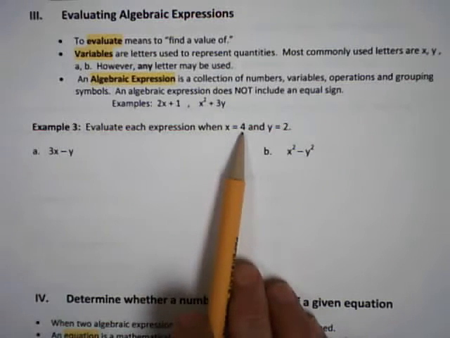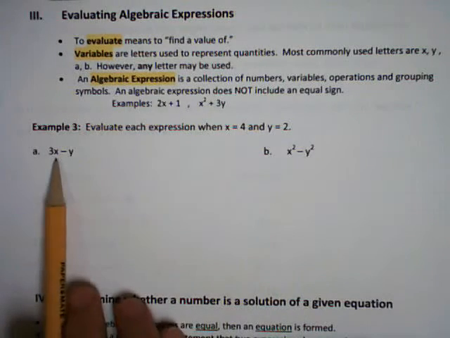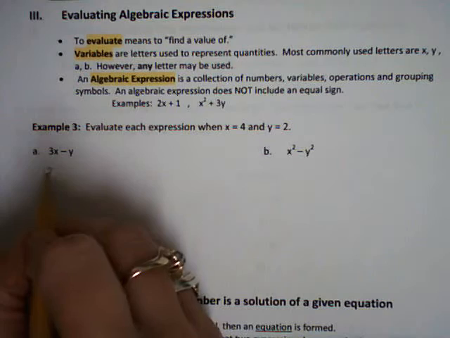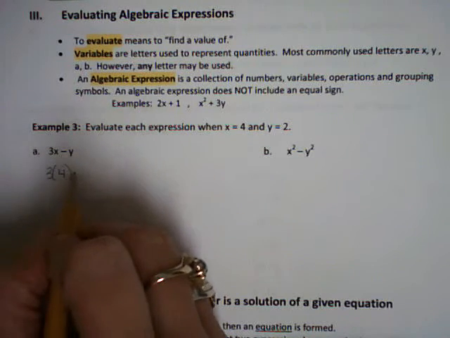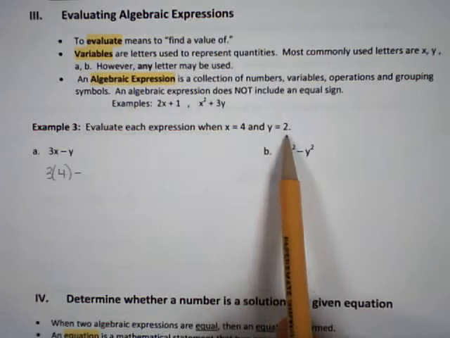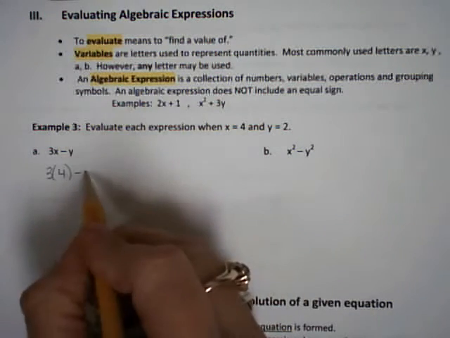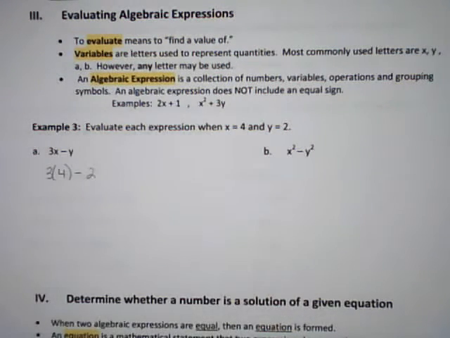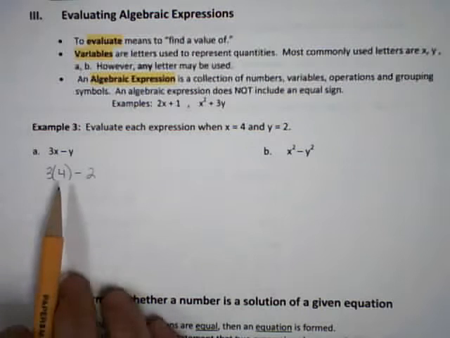Everywhere that I have an x, I'm going to replace it with a 4, so this would be the same as 3 times 4 minus, and everywhere I have a y, I'm going to replace it with a 2. So all we've done is change that from being an algebraic statement to numerical. Then you would use your order of operations that we talked about previously to simplify.